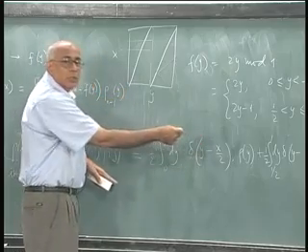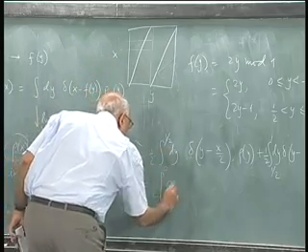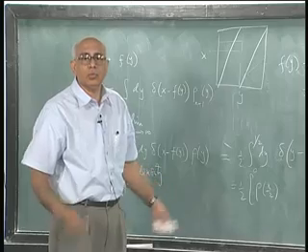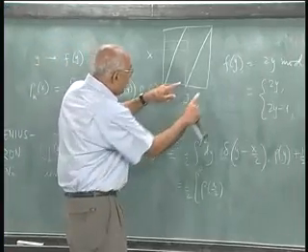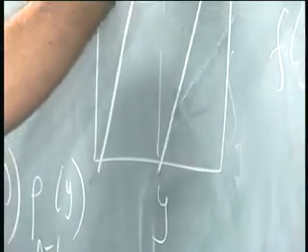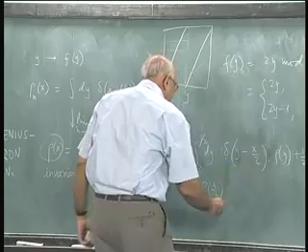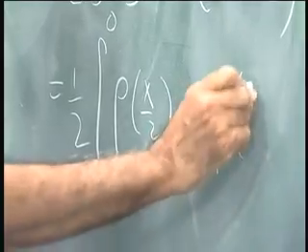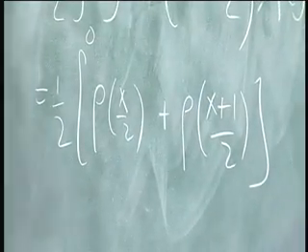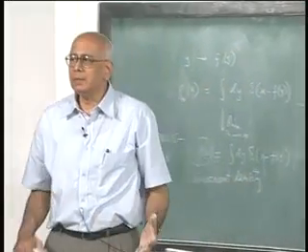Therefore I can straight away do this integral and write this as equal to 1/2 rho of x over 2. Wherever y appears, write x over 2. Similarly, for every y between half and 1, there exists an x, the map function fires, and so I am guaranteed that I can use the delta function and write it as rho of x plus 1 over 2. That is my Frobenius-Perron equation. Rho of x is equal to this thing here. Is this an integral equation?